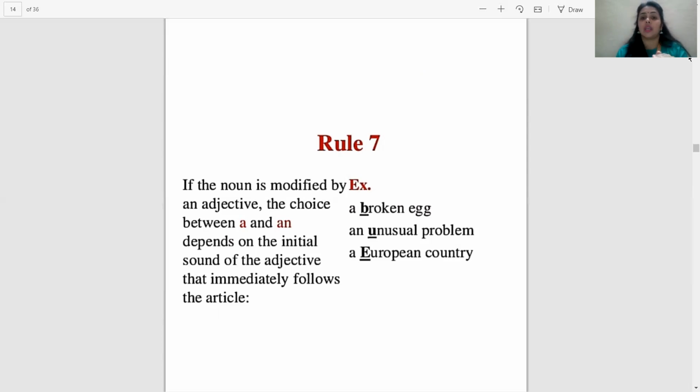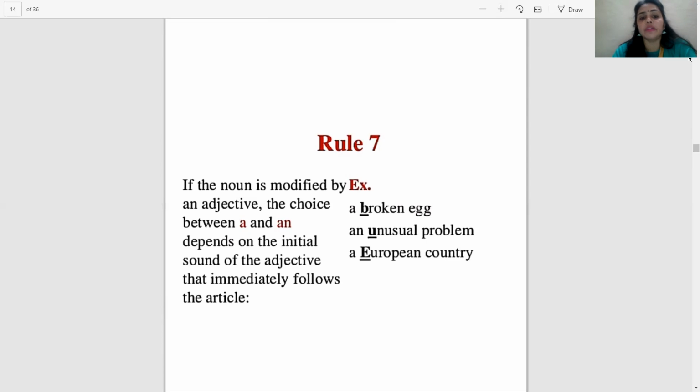We should take care of which adjective we are using and its pronunciation before choosing an article, because now the adjective will be nearer to the article, not the noun. The order is article, then adjective, and then noun.